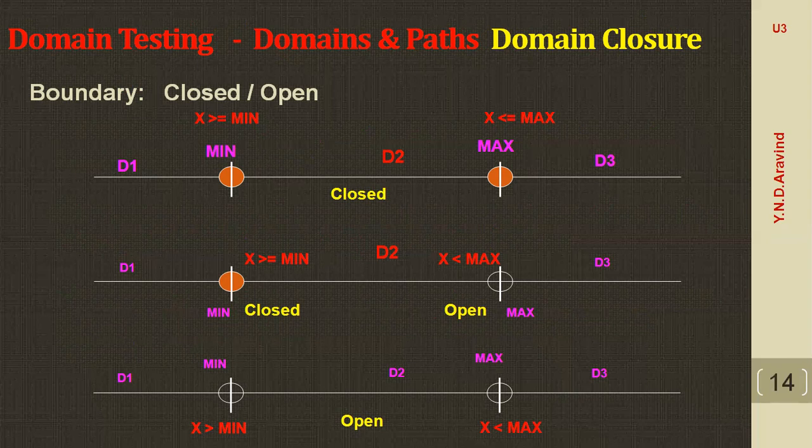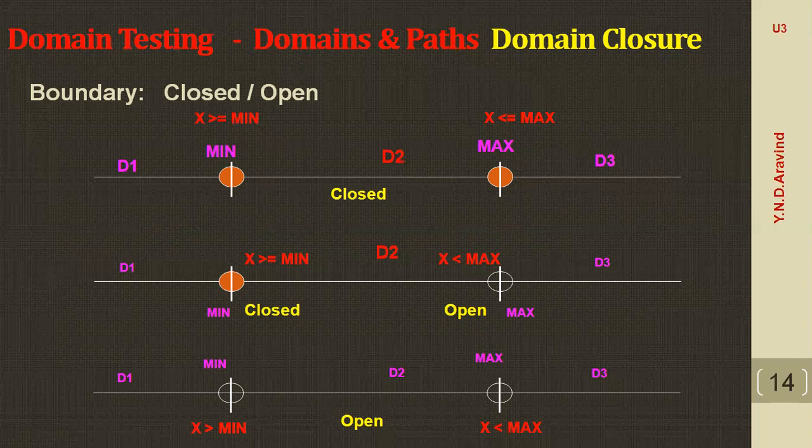So here, in this figure, you can see three situations for a one-dimensional domain, a domain defined over the input variable X. The importance of domain closure is that closure bugs are frequent domain bugs.